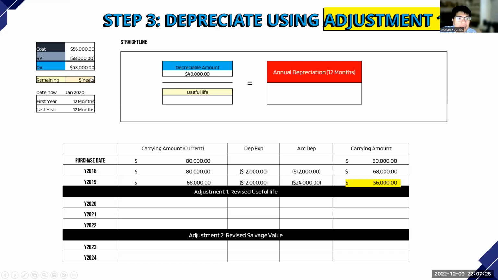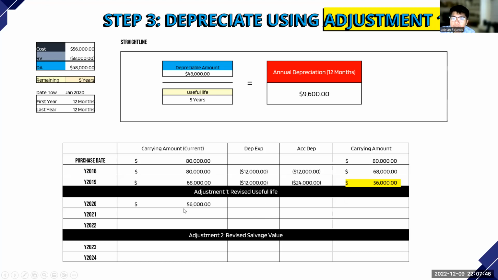And now, yung remaining years is instead of 4, naging 5, because total years is 7 na. So 7 minus the 2 years in 2018 and 2019, we have a remaining useful life of 5. Therefore, our annual depreciation is 9,600. And my expectation is 9,600, 9,600, and 9,600.